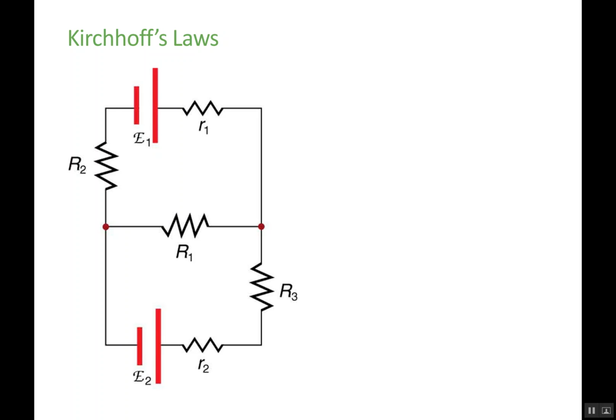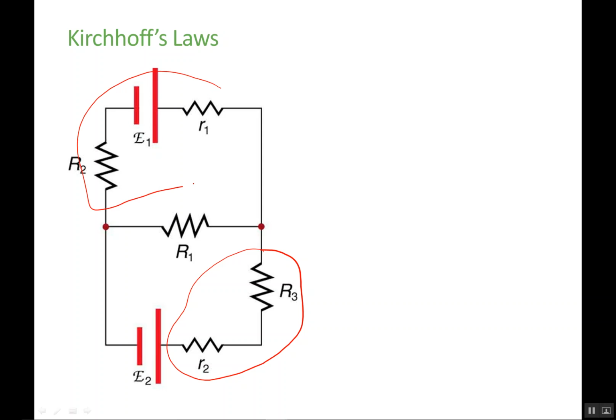So we could do some work on this circuit to combine resistors that are in series to simplify it. For example, we could combine these two resistors and these two resistors and simplify this to a simpler circuit.